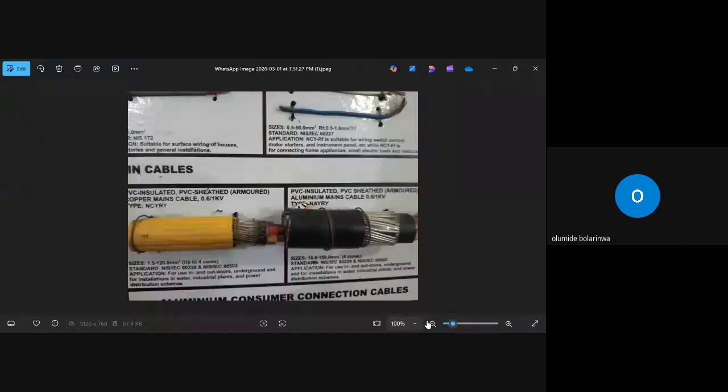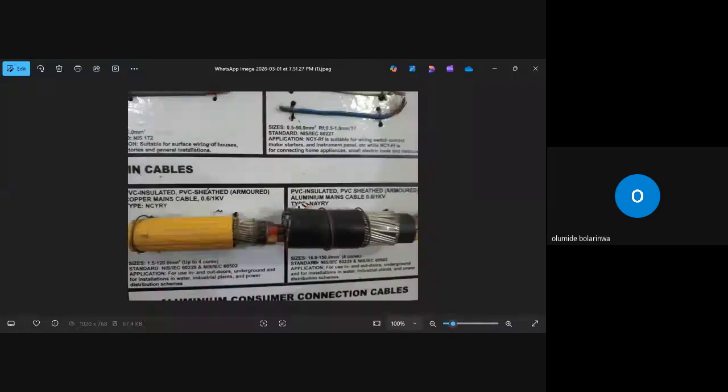You can see what they wrote there: PVC insulated, PVC shielded, clearly armored cable. So this is PVC SWA PVC, both of them.